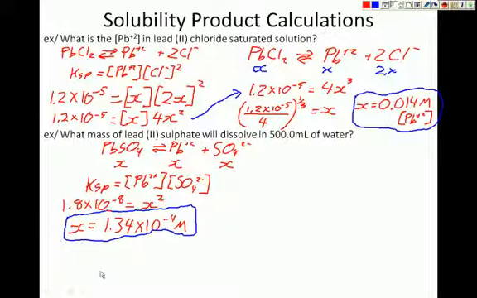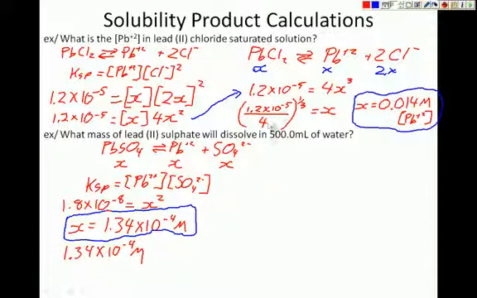We're going to use this number to calculate the mass. Again, we're going to use 1.34 times 10 to the minus 4 concentration, and we're going to multiply it by our volume, because if you remember, concentration is moles per liter.